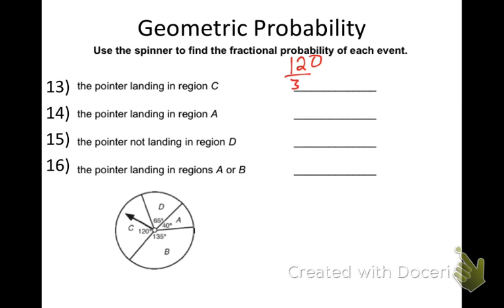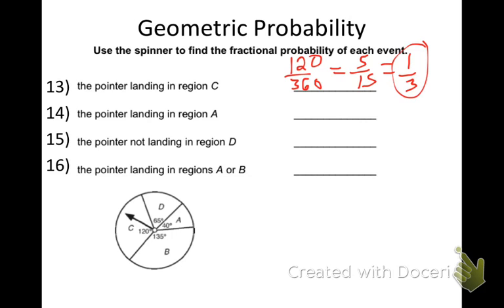And what's that simplify as, Taylor? 5 over 15. And what's that simplify to further? Divide them both by 5 and you end up getting 1/3.